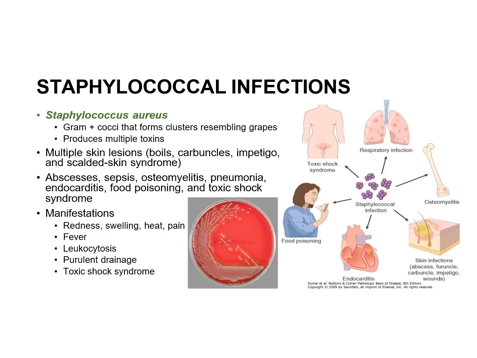Clinically, Staph aureus is associated with skin lesions such as boils, carbuncles, impetigo, and scalded skin syndrome. But it doesn't stop at the skin. This organism can cause abscesses, sepsis, osteomyelitis, pneumonia, endocarditis, food poisoning, and even toxic shock syndrome.